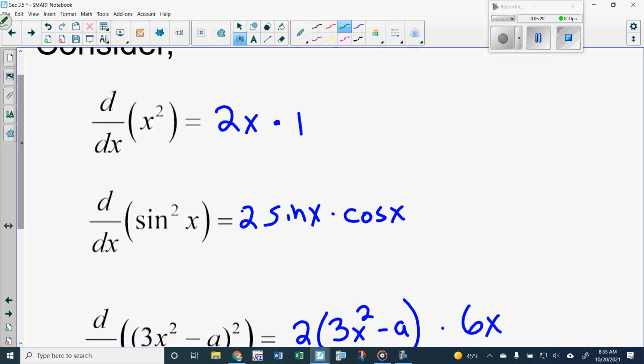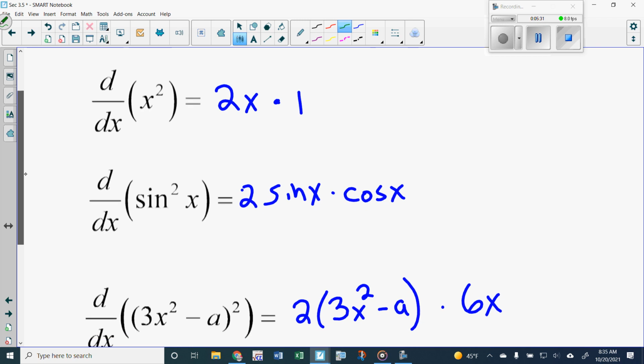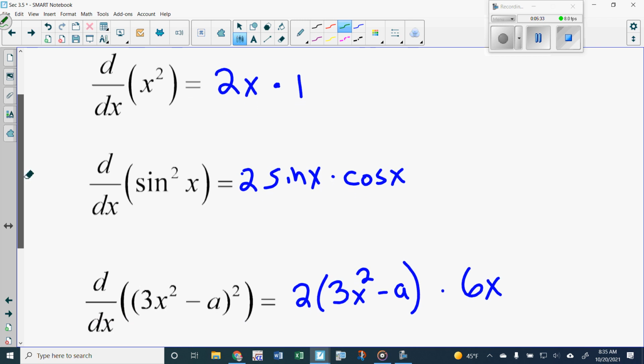So I want you to notice all of these. It is 2 times the inside part times the derivative of the inside, right?